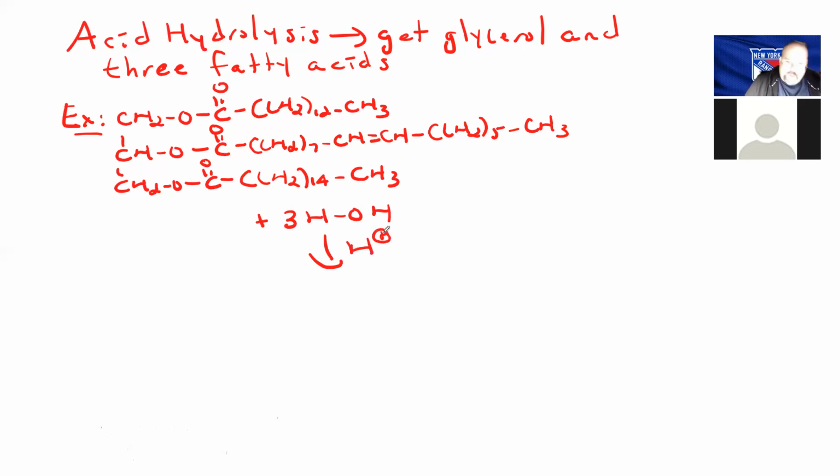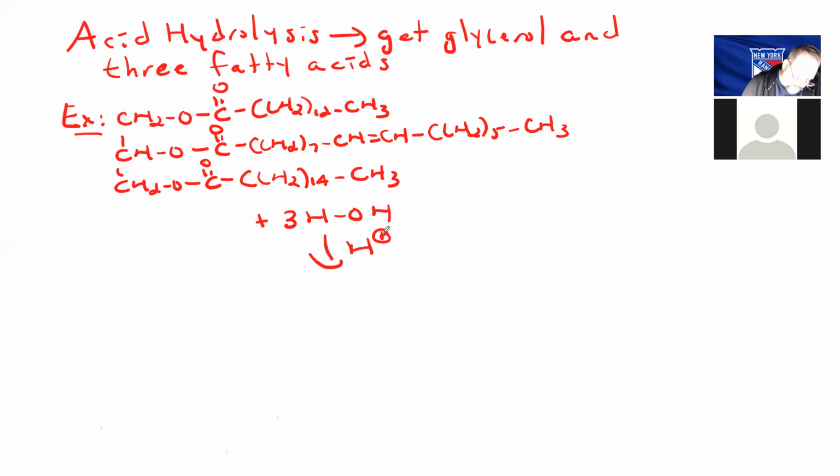And the only reason why I'm going in the downwards direction is because on my drawing tool, I run out of space. All right. So how would we draw the products of acid hydrolysis of a triacylglycerol? Well, first off, where does the triacylglycerol split? If you remember back to our discussion of esters, we talked about the key bond for an ester, which was the bond between the C double bond O carbon and the alcohol oxygen. It is going to be at those 3 bonds, because if you look at a triacylglycerol, you have 3 ester groups. It's going to be at those 3 bonds where the triacylglycerol is going to split apart.